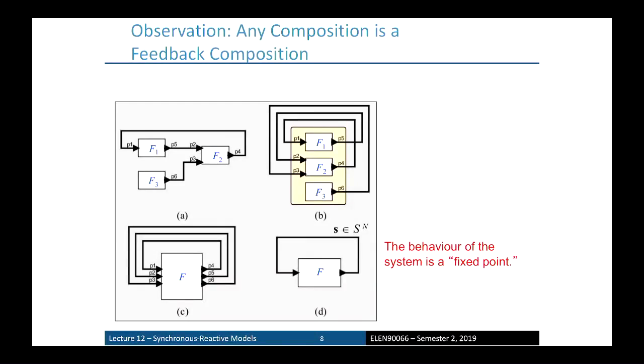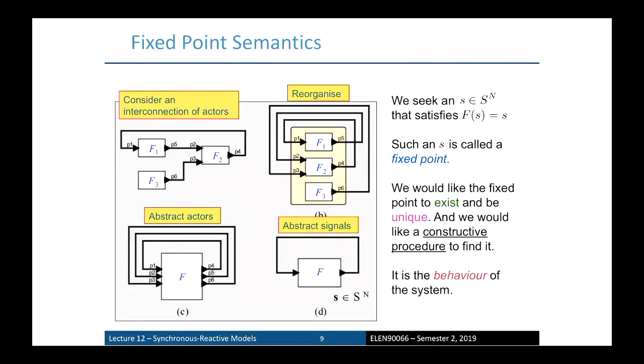So here's an example. Ignore the stuff on the right for the moment. We've got 3 actor models here, and they're interconnected via some ports in the following way. We've got a cascade connection between these two, a feedback connection here, and another cascade between F1 and F2.